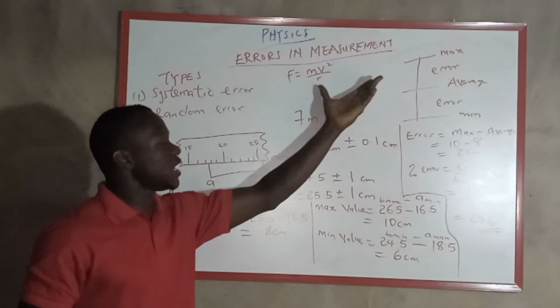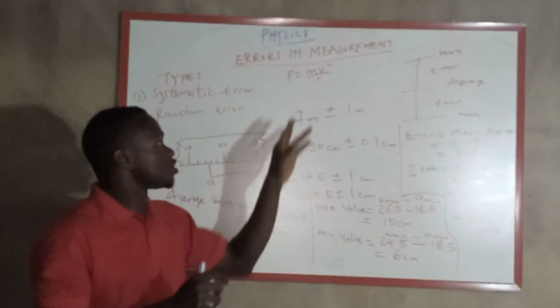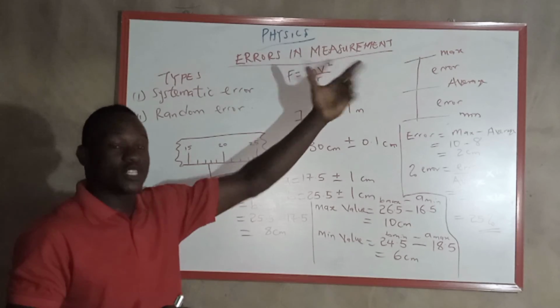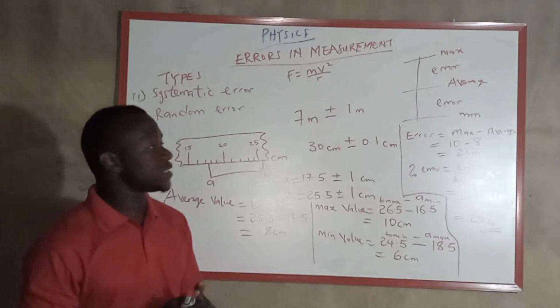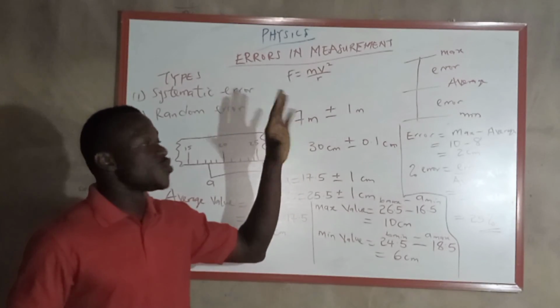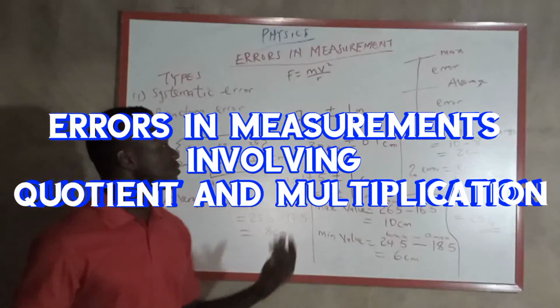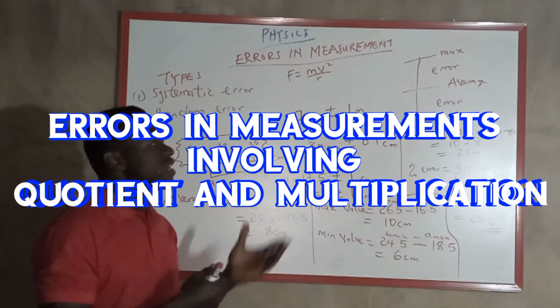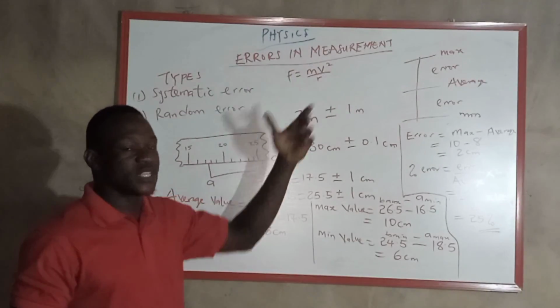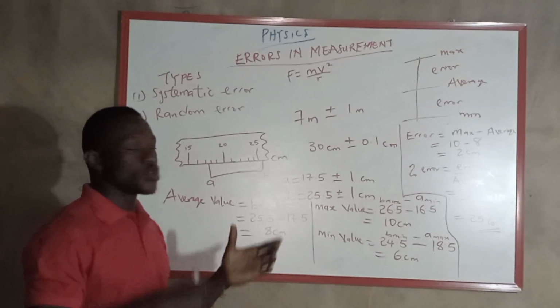It's not different from this, but there are slight differences when you have quotient and multiplication. You check our video on errors in measurement when we have quotient and multiplication, so you can calculate the error when you have something like this in your experiment.